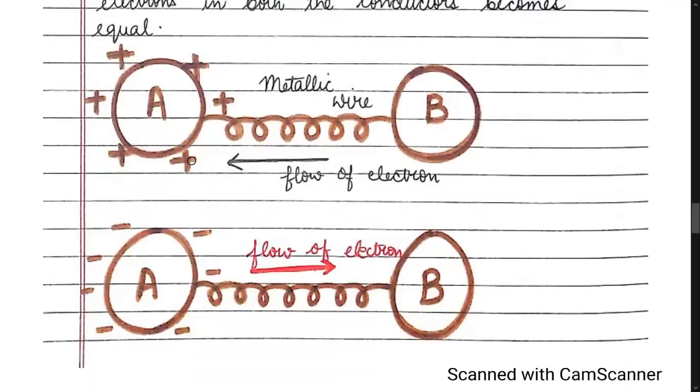Now, children, see the diagram where a conductor A having positive charge on it is connected with a metallic wire with the conductor B, which is neutral. Children, an atom having a neutral sign on it, while the other is deficit of electrons.